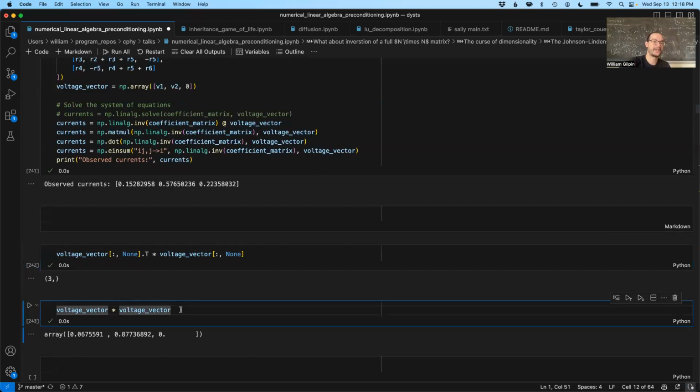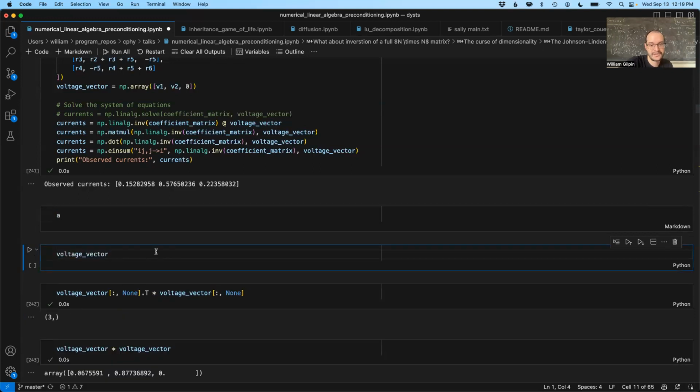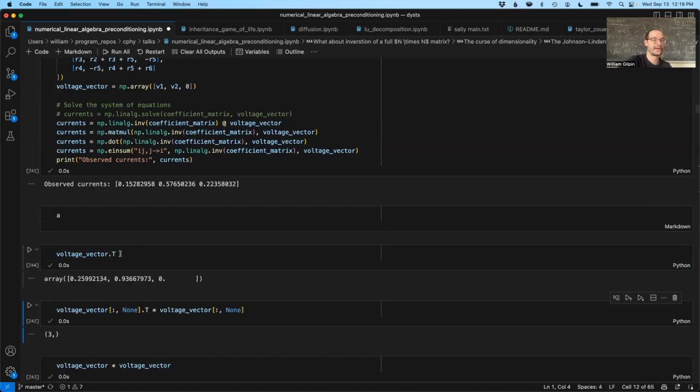And this is interesting because when I don't have that lift, voltage vector dot t is just going to give me the same thing back. But if I actually do the promotion to a full column vector, the t actually treats it implicitly as like a row vector when I take the transpose. So NumPy is cool because it basically can support like all of linear algebra, including like higher order operations. So it's nice to keep track of that.